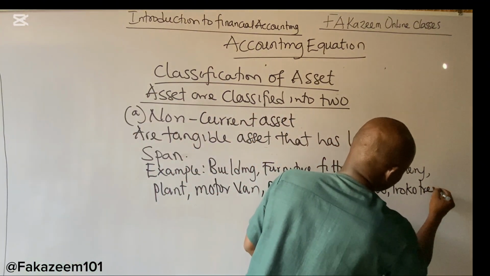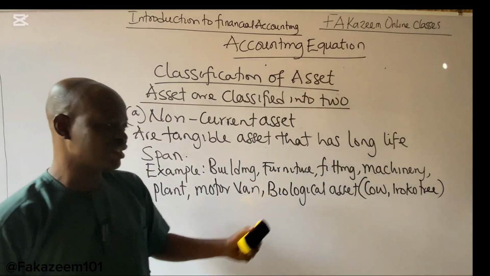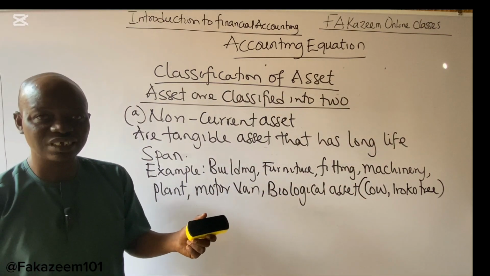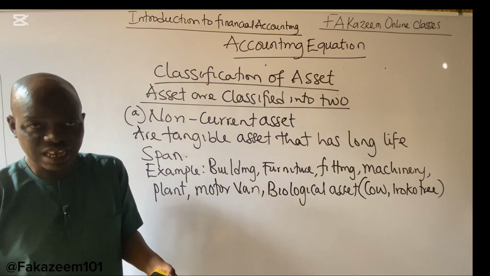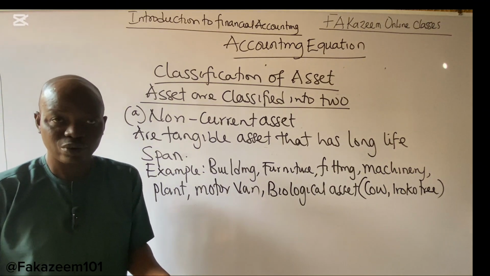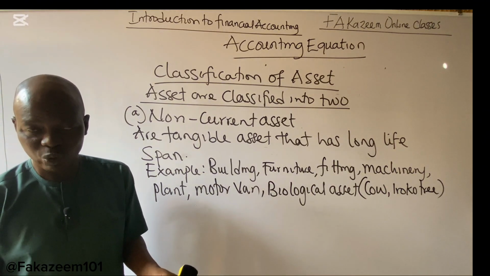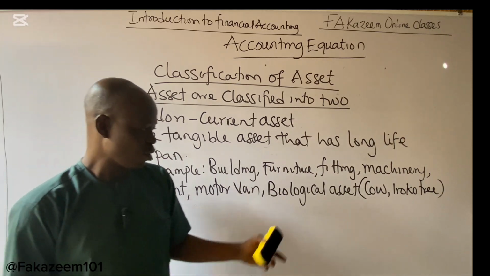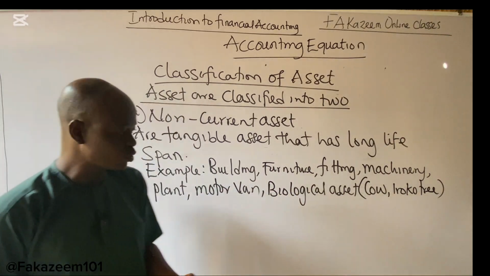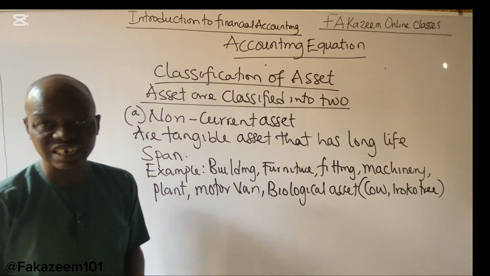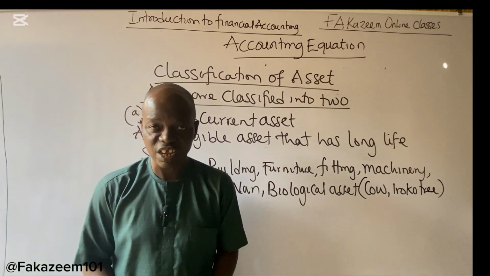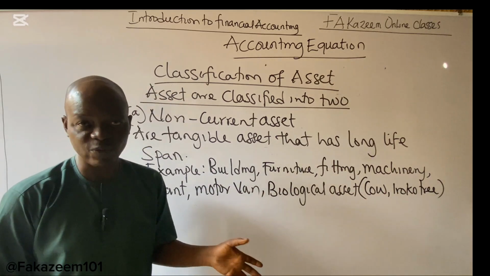Iroko tree can also be called biological asset. But once this Iroko tree is cut down and it is being used for another purpose, we call it agricultural product. If you want to read more on biological asset, you go to International Accounting Standard 40, which is IAS. You can type it on Google to tell you more about IAS 40.